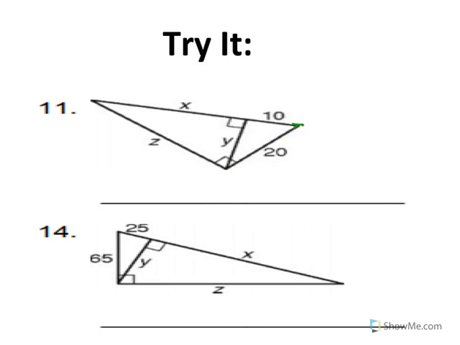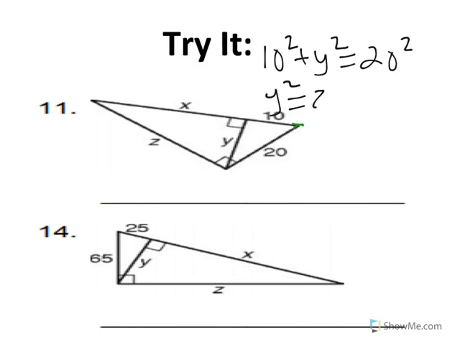So we say that 10 squared plus y squared equal to 20 squared. So that means y squared is equal to 20 squared minus 10 squared. From there you can use your calculator to work this out.